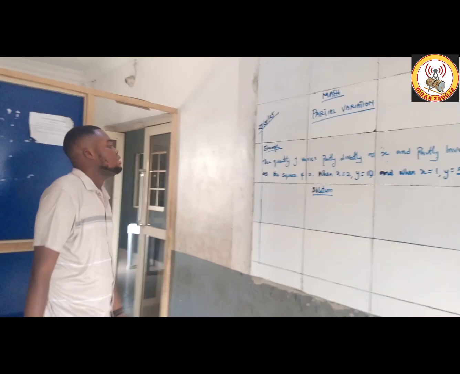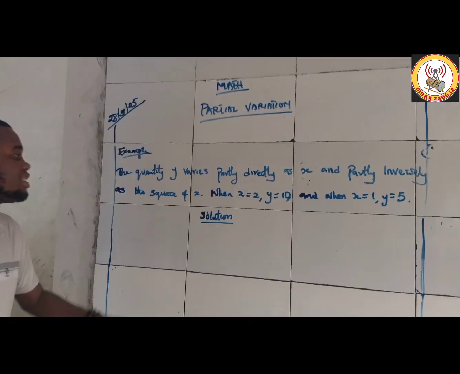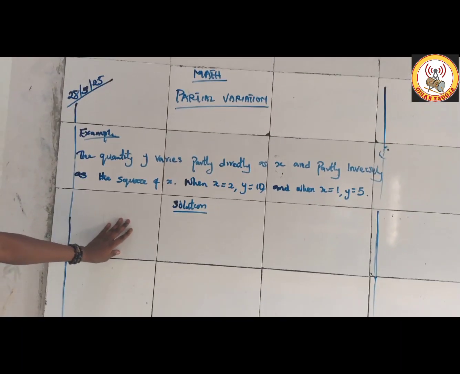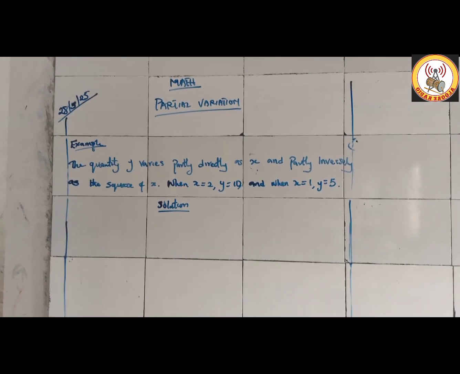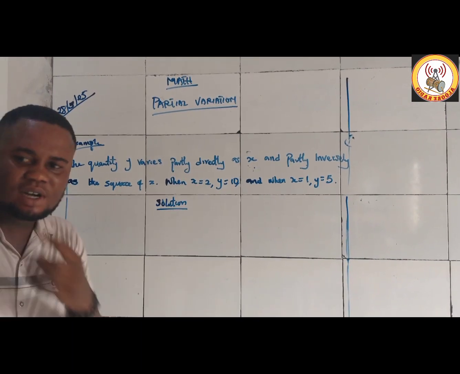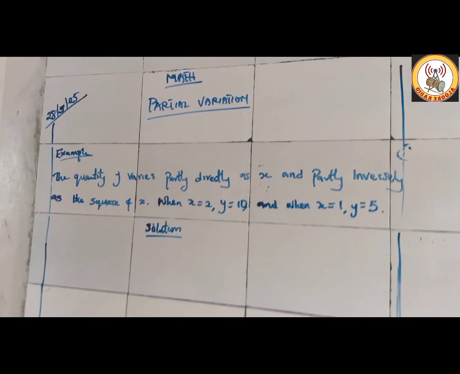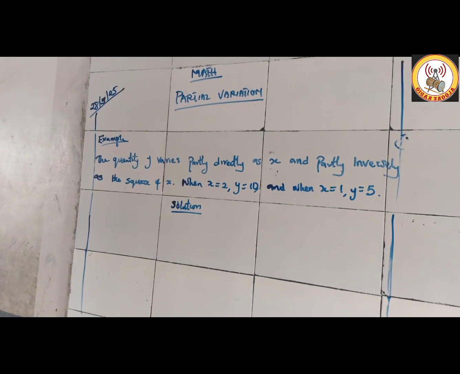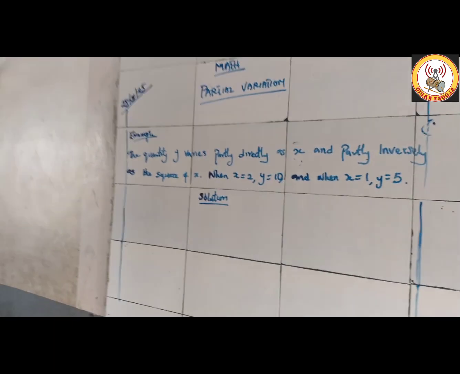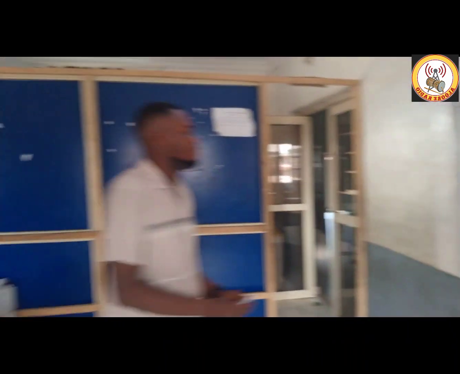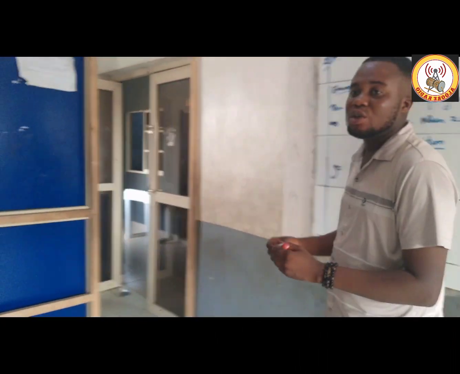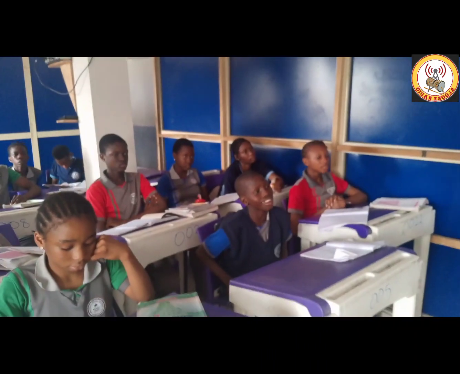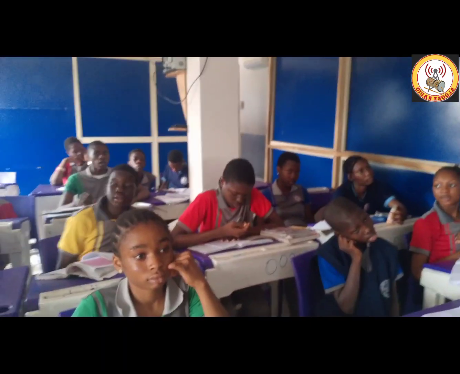For example, this example said the quantity Y varies partly directly as X and partly inversely as the square of X. Who can tell me what the formula will be? The quantity Y equals AX plus, choose your constant first, A and B, right?